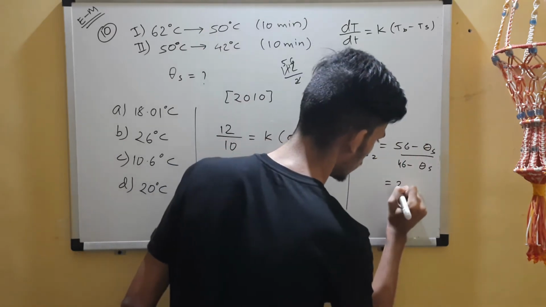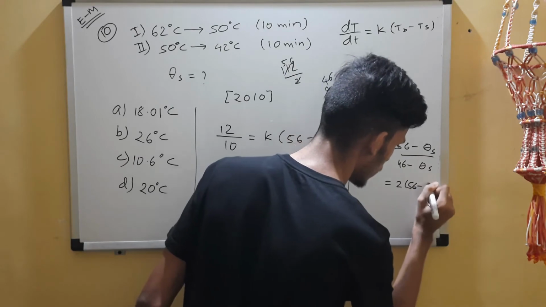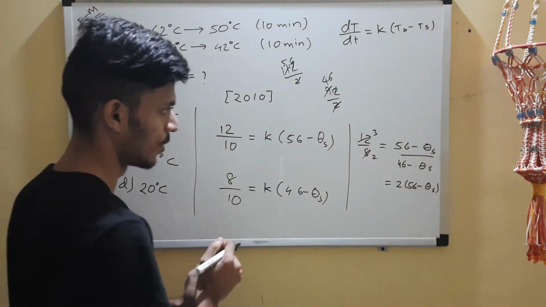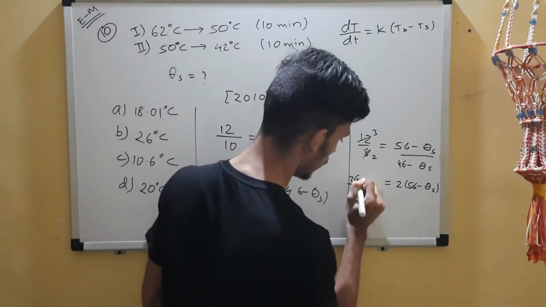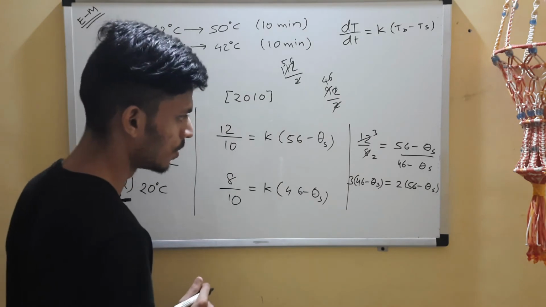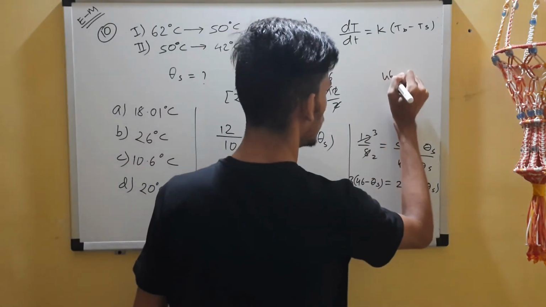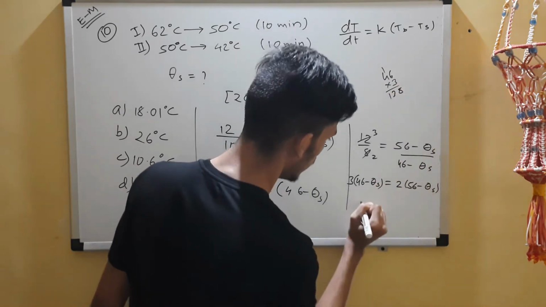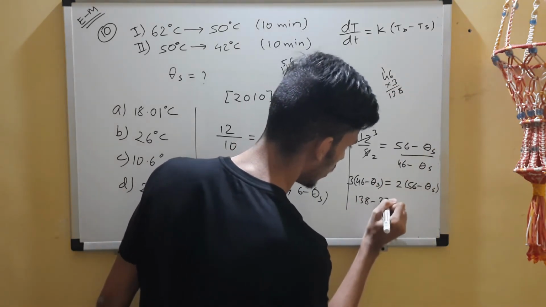Okay, so it goes to the other side: 2 into 56 minus theta S, and here it will be 3 into 46 minus theta S. So here 46 into 3: 6 3s are 18, 3 4s are 12, 13, 138 minus 3 theta S.